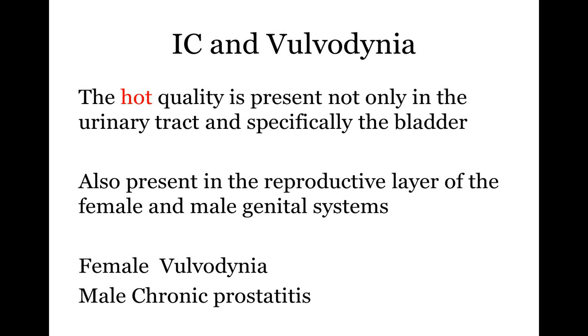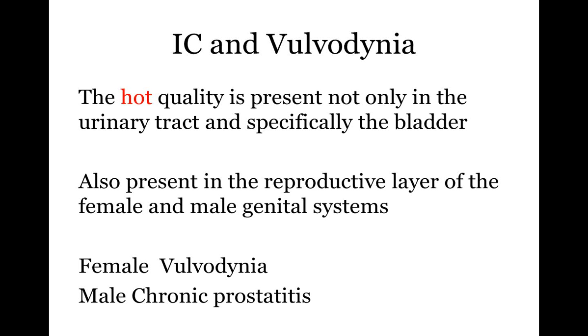I wanted to talk a little bit about vulvodynia. That's an issue that comes up in threads and questions oftentimes. Actually, vulvodynia is an acute flare, what I would call an acute flare. It's not in the bladder, it's in the vagina instead. The hot quality is present not only in the urinary tract, and specifically the bladder, but it's also present in the reproductive layers of the female and the male genital system.